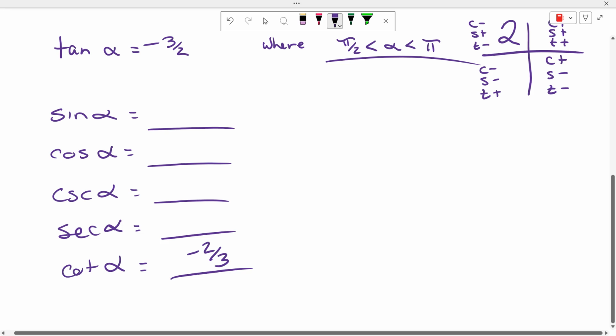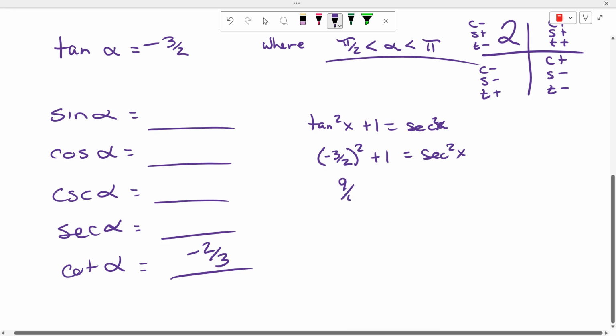Okay, now Pythagorean identities. Tangent. I know that tangent squared of x plus 1 equals secant squared of x, right? So, negative 3 halves squared plus 1 equals secant squared.